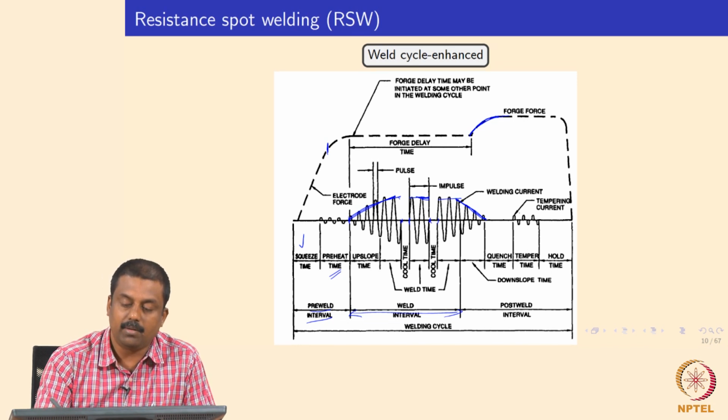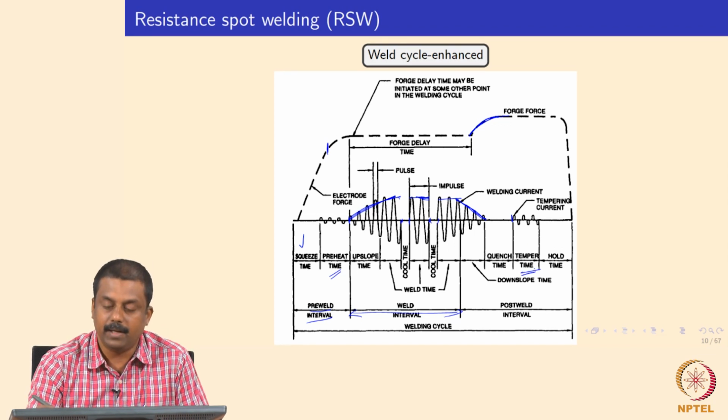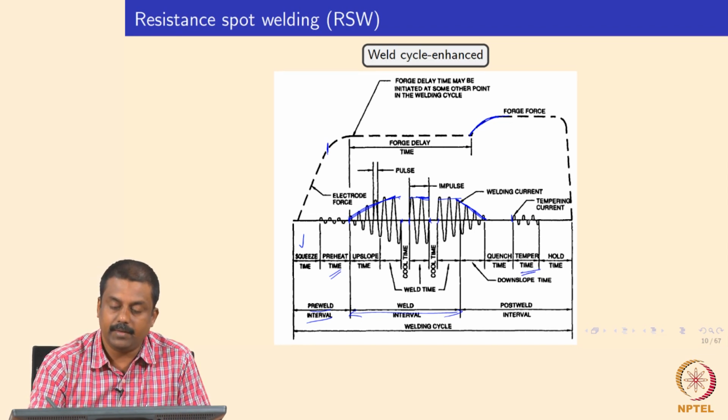And subsequently, upon cooling to room temperature, we can also apply another pulse, which can heat treat whatever weld microstructure is formed after the first cycle.